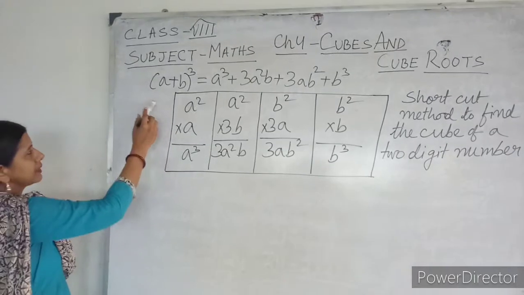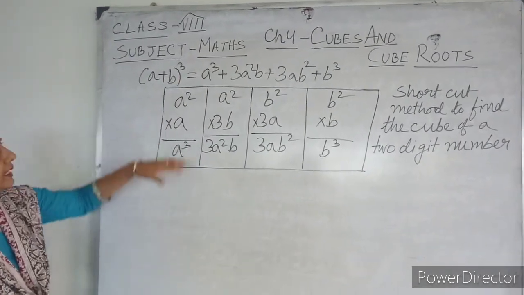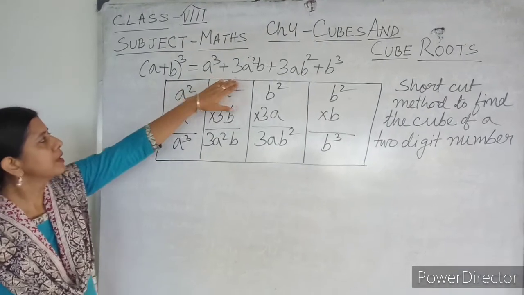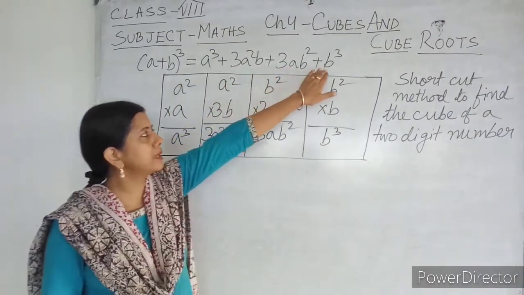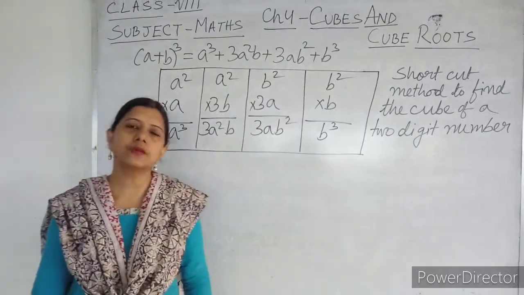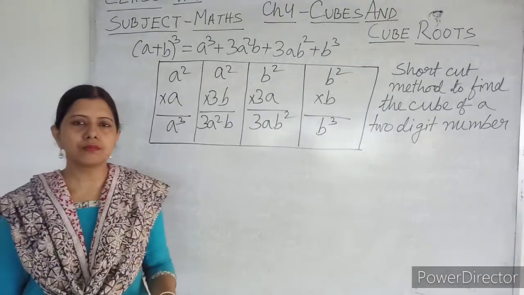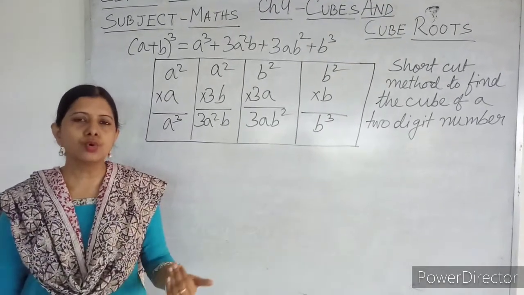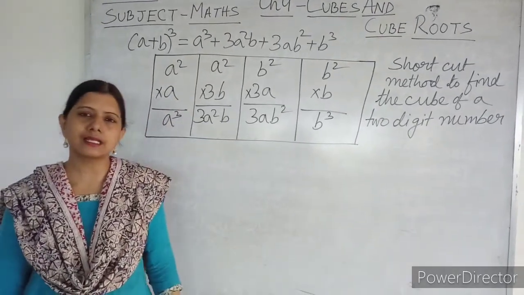Actually in algebra there is a formula, that is a plus b whole cube. It can be written as a cube plus 3a square b plus 3ab square plus b cube. We are going to use this formula to find the shortcut method. Suppose a 2-digit number is 23. 2 I can take as a and 3 I can take as b.